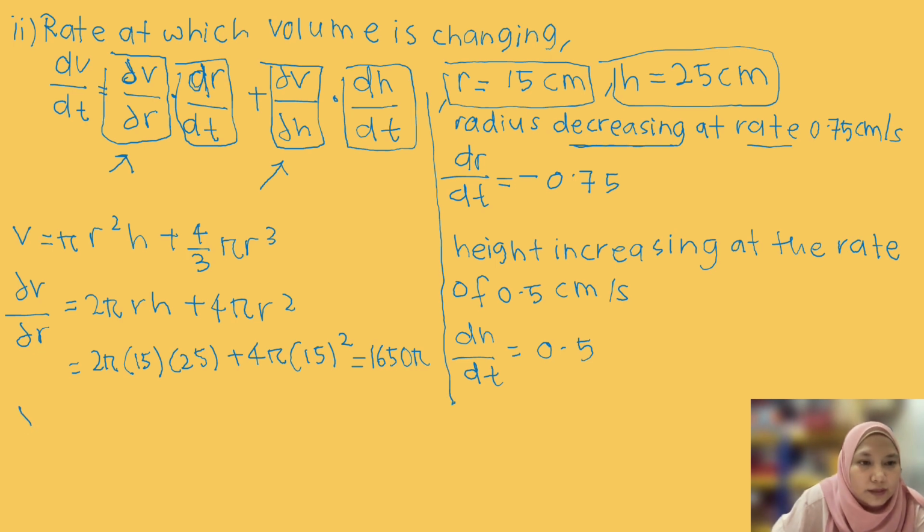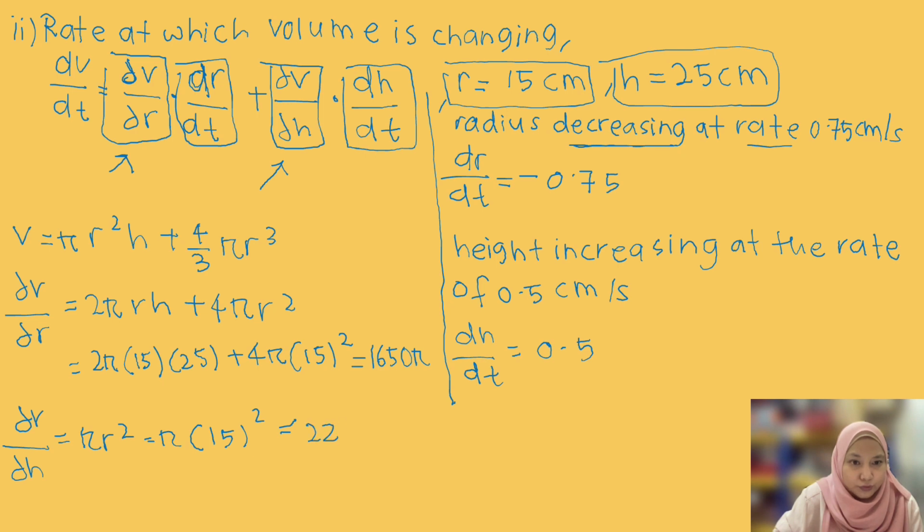And then differentiate the same formula with respect to h. We get pi r squared. Substituting our value of r, which is 15 squared, we get 225 pi. So we already have all the information.